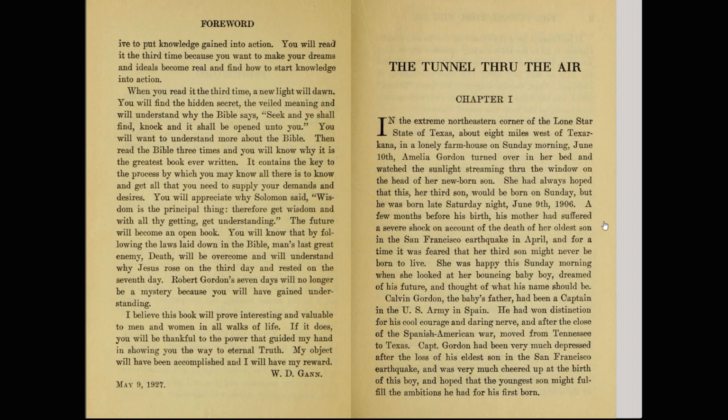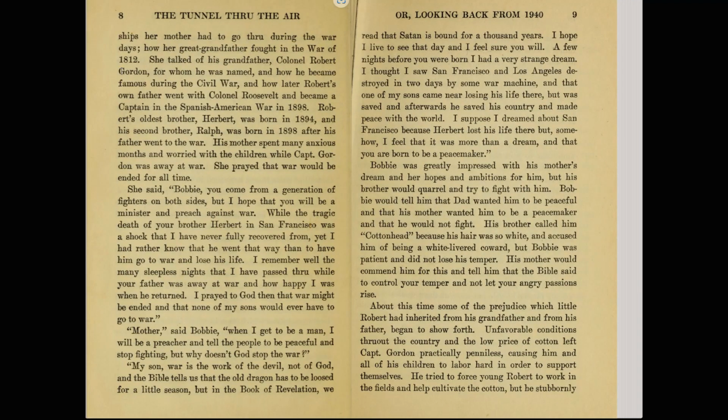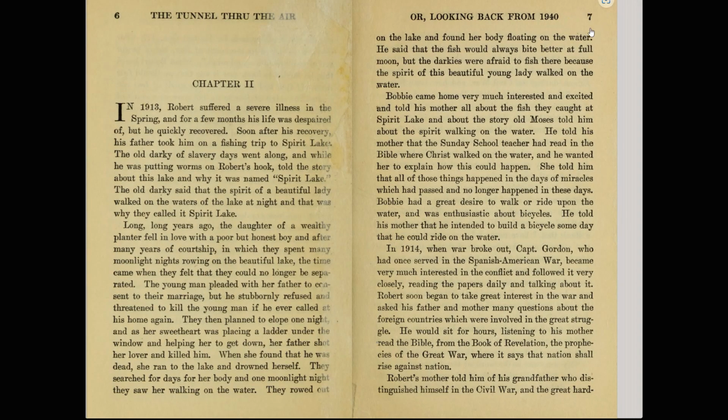Now, another example of this, just a few pages later in the second chapter on page 8, we have Robert Gordon's mother referencing the San Francisco earthquake again. And if we look here on page 7, we're able to get a general time frame of when this is happening. It says in 1914, when war broke out, and we're talking about the Great War, World War I, because this book was written in 1927, which obviously was before World War II.